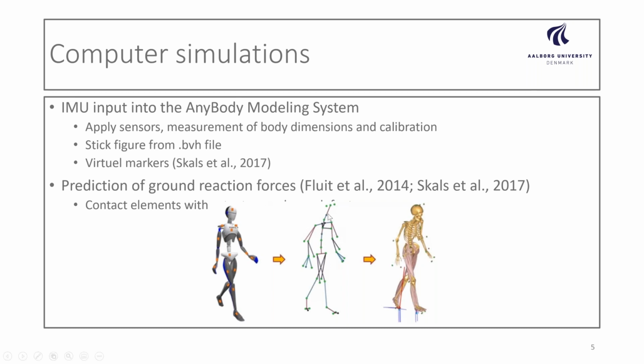We get some position data that is solved for the Euler angles, and then we have the kinematics solved. And when we have the kinematics solved in the AnyBody modeling system, we can predict the ground reaction forces, as has been shown several times before, by using contact elements underneath the foot that are activated whenever the foot is close to the ground.